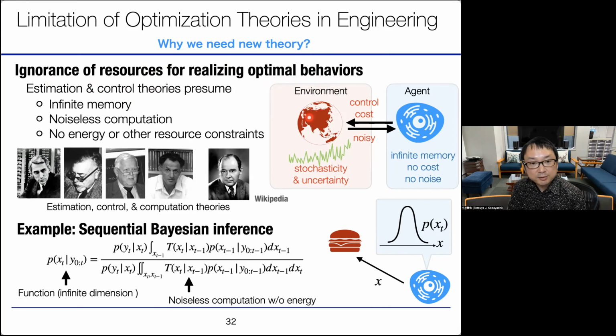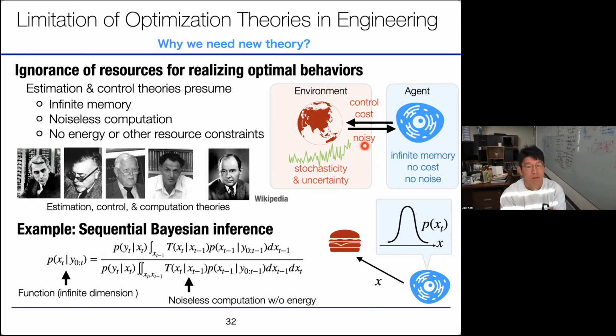In control theory, for example, we very faithfully model the target or environment that we want to control. We consider stochasticity in the environment or target, and also uncertainty in this system. We also consider control cost when we control this target system, and we take into account the noise when we observe this system.